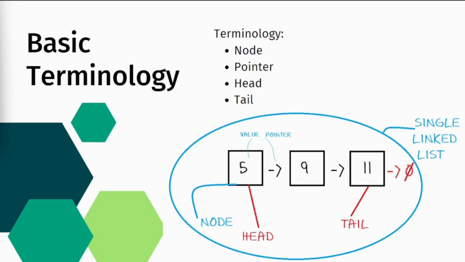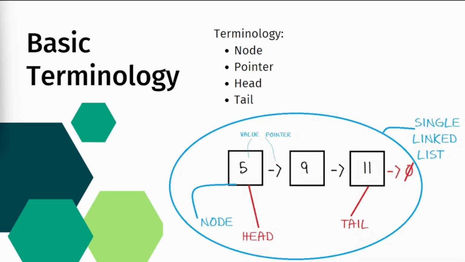Now let's talk about the head and the tail pointer. The head pointer refers to the first node in the linked list, while the tail pointer points to the last node of the linked list. These pointers are essential for efficiently traversing the list and performing various operations.